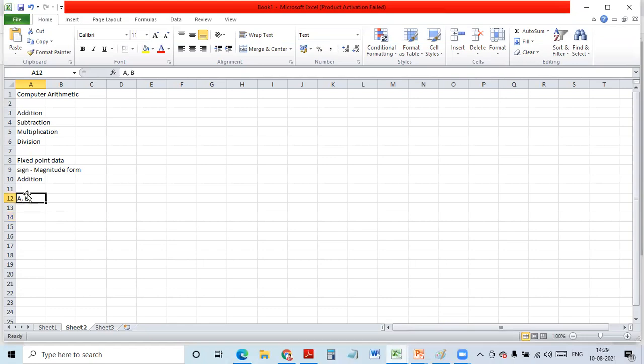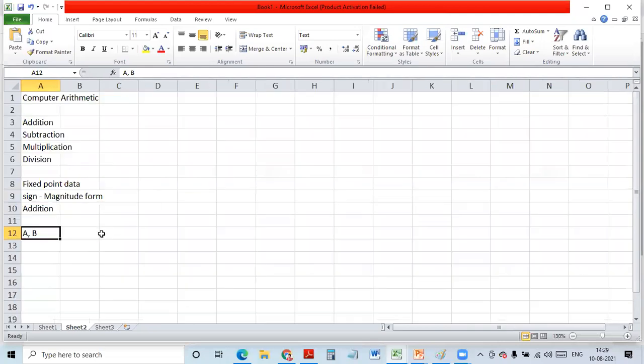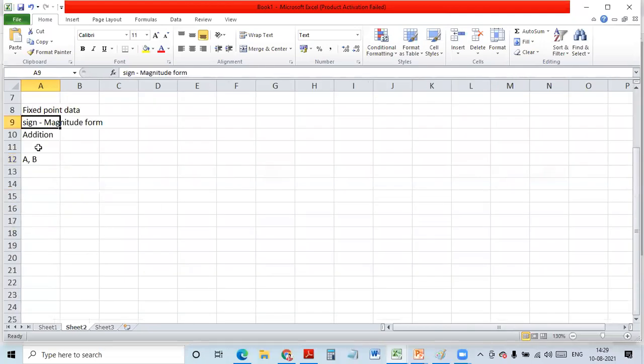Whenever I say two numbers A and B in sign magnitude form, it has sign and magnitude. It is clear that the sign has to be treated separately and the magnitudes have to be treated separately.